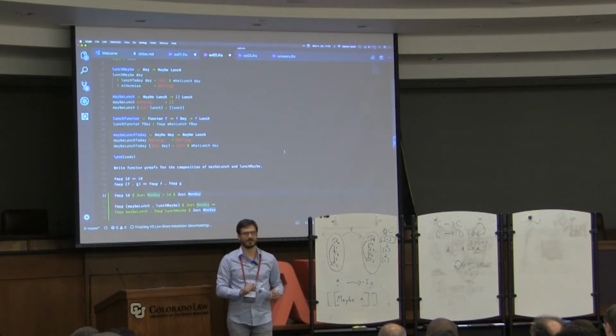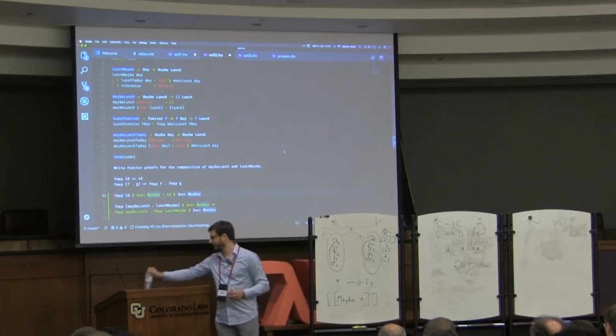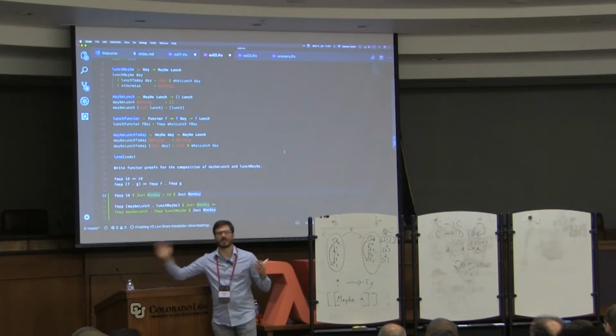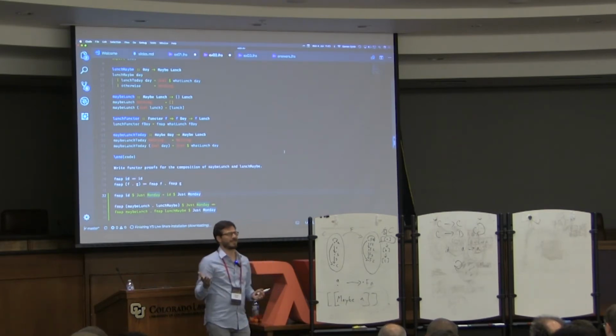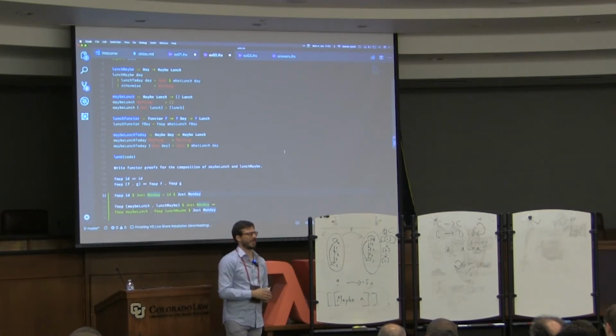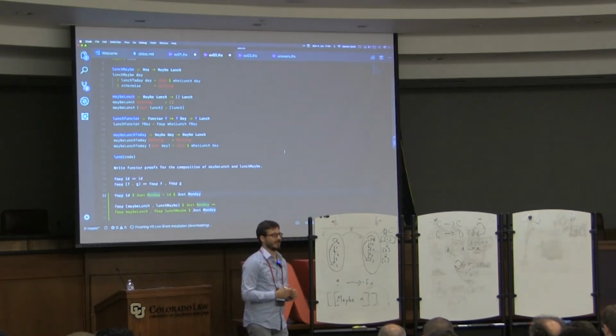The answer is no. I'm thinking there are many instances of categories where there are no isomorphisms. Like, I don't know, maybe a poset, a partially ordered set. You can't go back if you have an A to a B. That necessarily means that A is less than or equal to B. So then you can't go from B to A. I assume that the same logic holds at every level. So it just depends what you're working with.